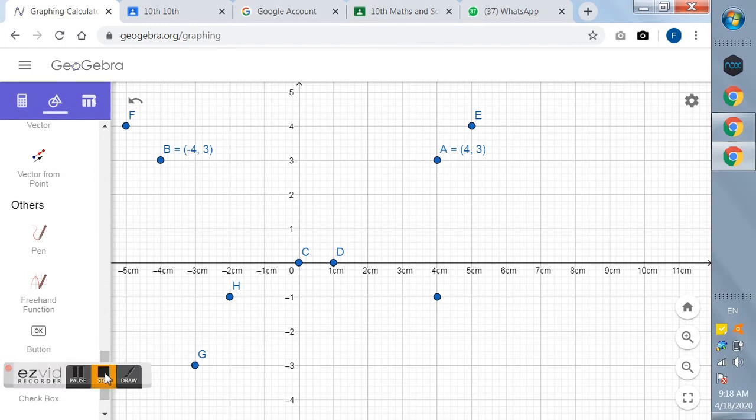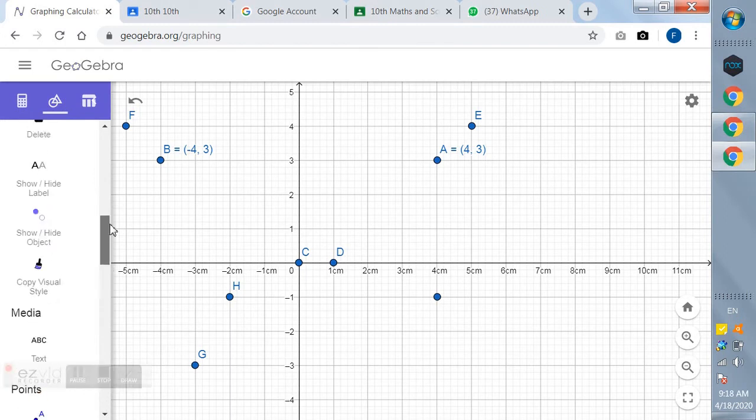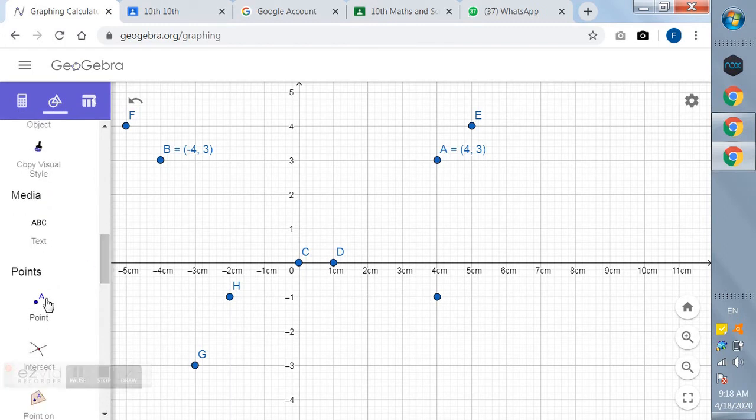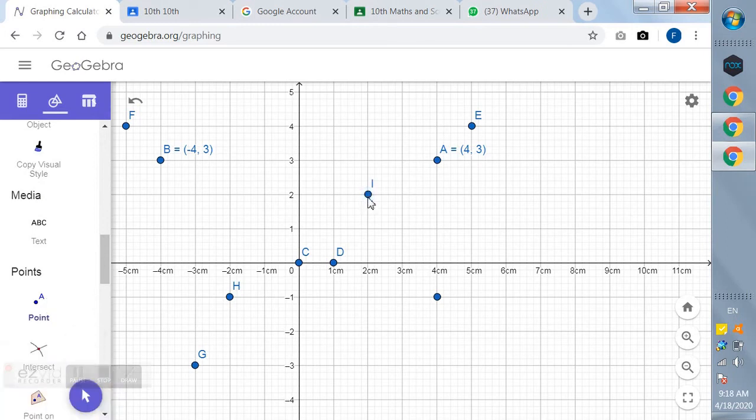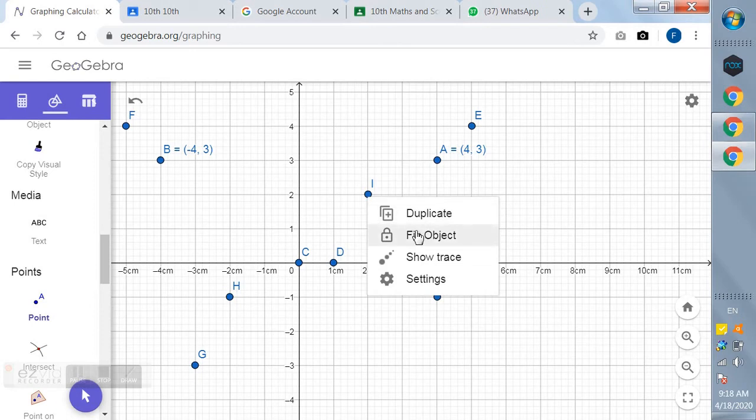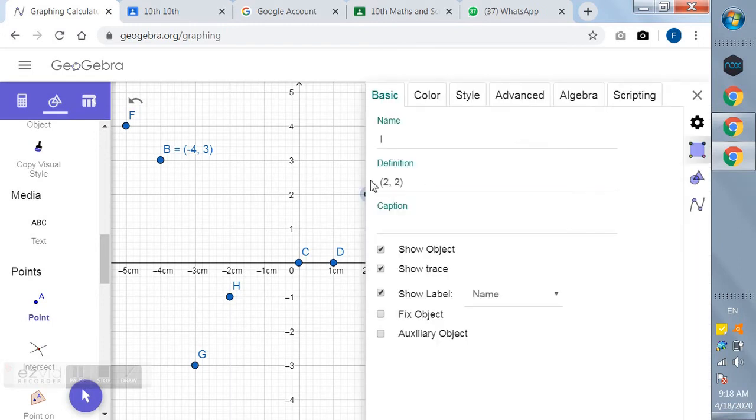by taking up the point here. Okay, here we go. So this point, what are the coordinates of this point? That we'll see.